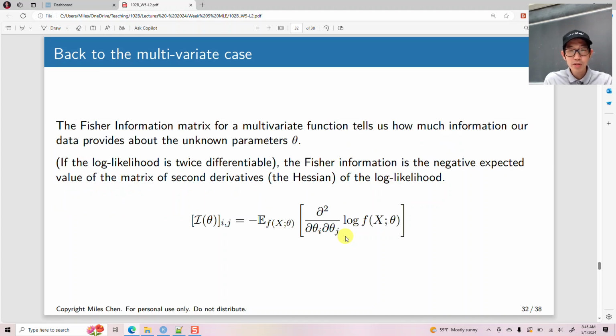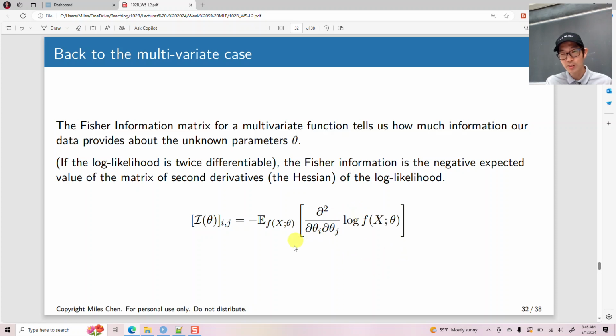All right, so the same idea here. The Fisher information matrix for a multivariate function tells us how much information our data provides about the unknown parameters theta. And if our log likelihood is twice differentiable, then the Fisher information is the negative expected value of the matrix of second derivatives, or the negative expected value of the Hessian matrix of the log likelihood.